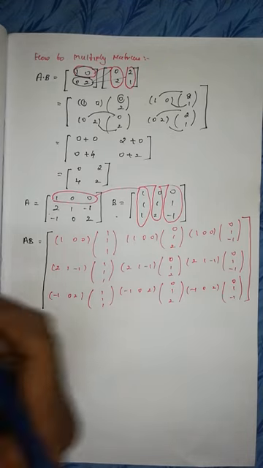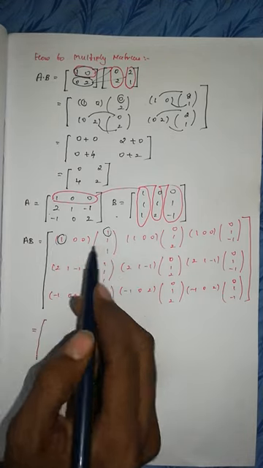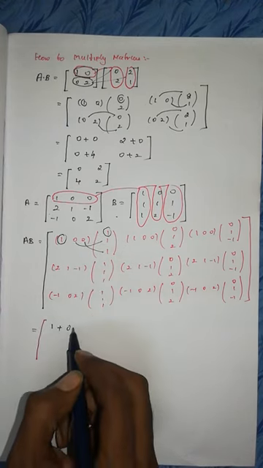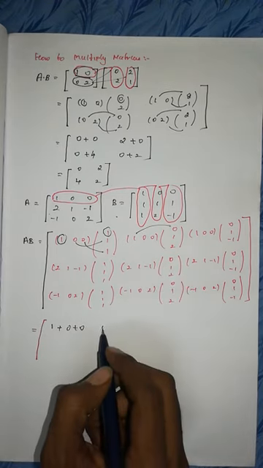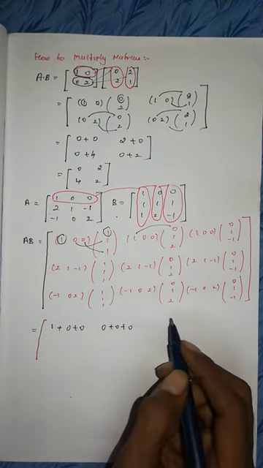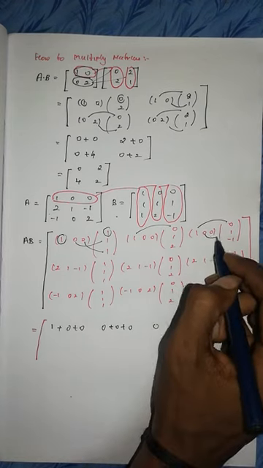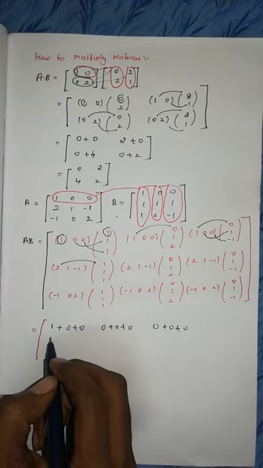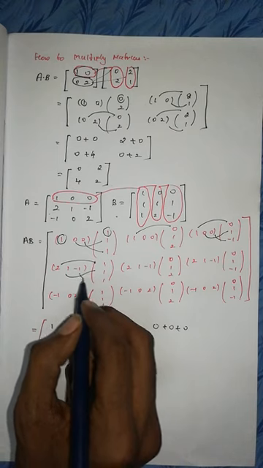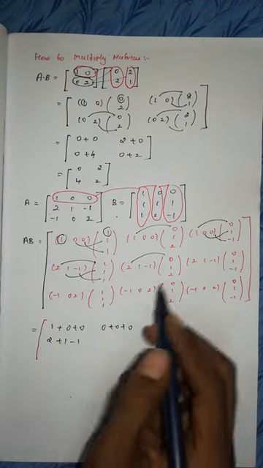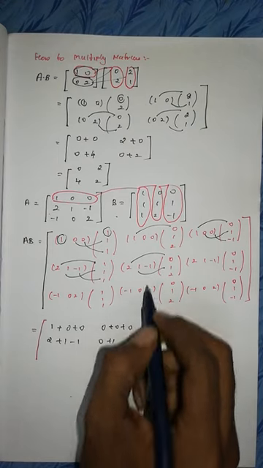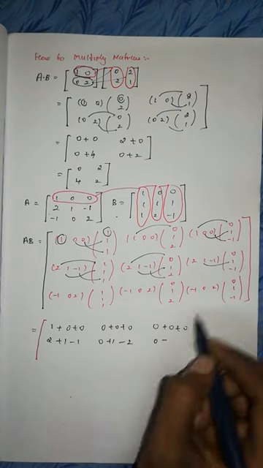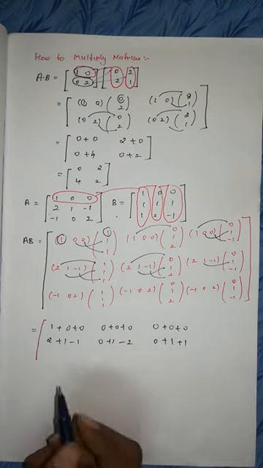Then I have to follow the same procedure, which is first element, 1 into 1 is 1, plus 0 into 1 is 0, 0 into 1 is 0, and 1 into 0 is 0, 0 plus 0, and 1 into 0 is 0, 0 into 1 is 0, and 0 into minus 1 is 0, and 2 into 1 is 2, 1 into 1 is 1, minus 1 into 1 is minus 1, and 2 into 0 is 0, 1 into 1 is 1, minus 1 into 2 is minus 2, and 2 into 0 is 0, 1 into 1 is 1, and minus 1 into minus 1 is plus 1.